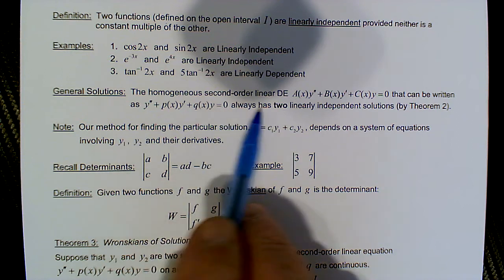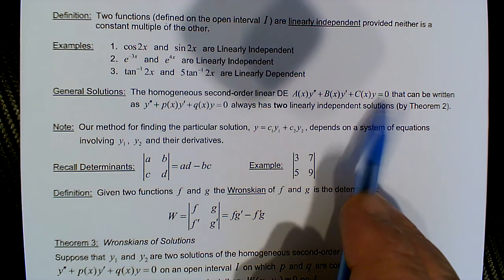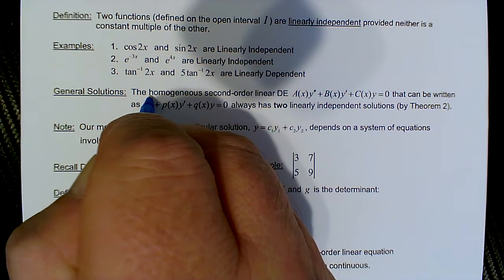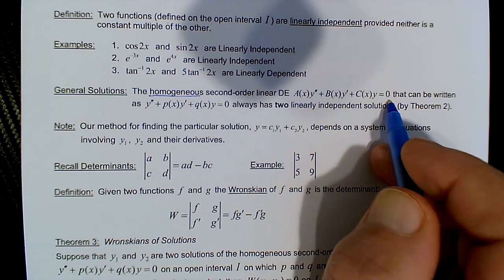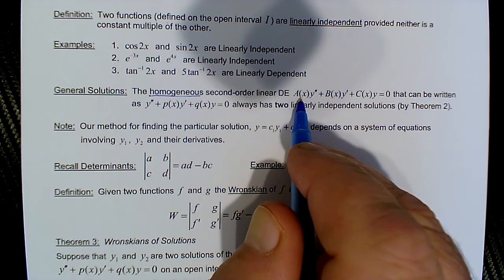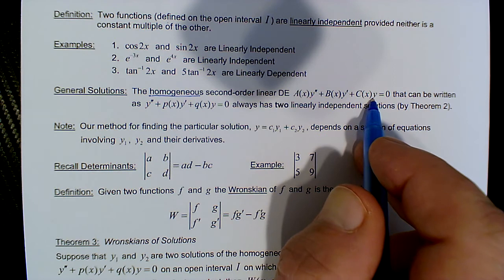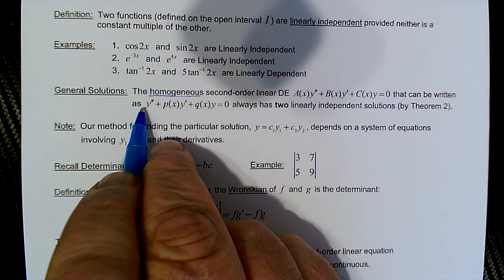Now when we talk about general solutions, we had mentioned earlier that when we have our standard second order homogeneous differential equation, that we had rewritten by dividing everything by a of x, so that the coefficient of y double prime is 1.